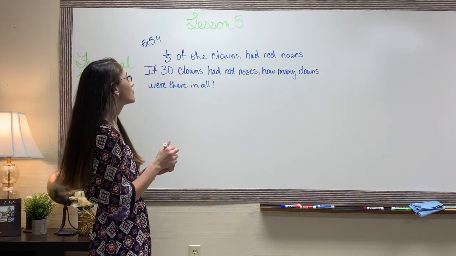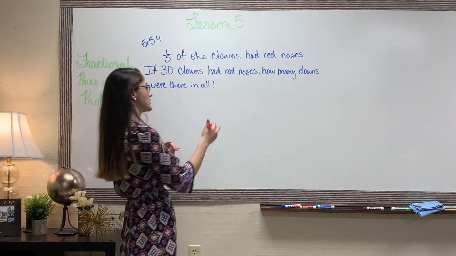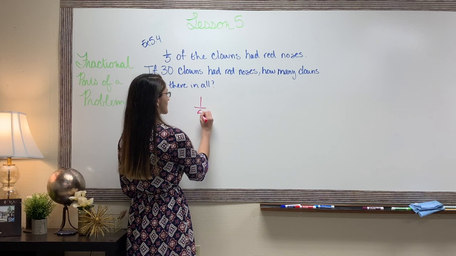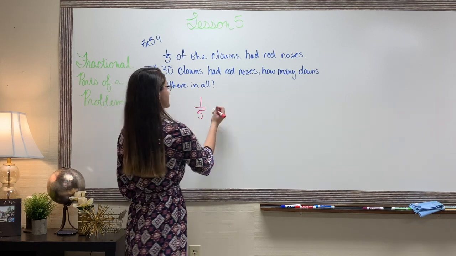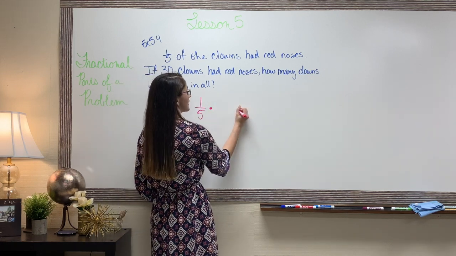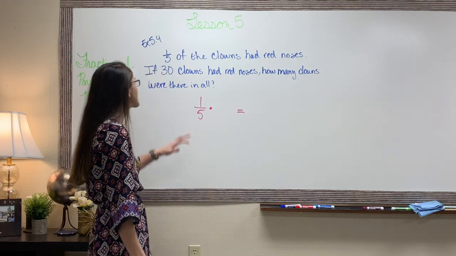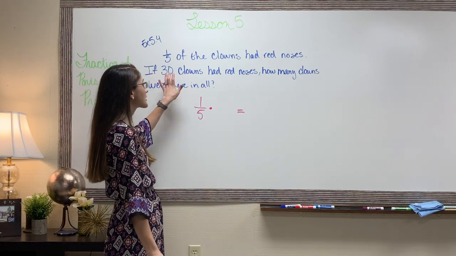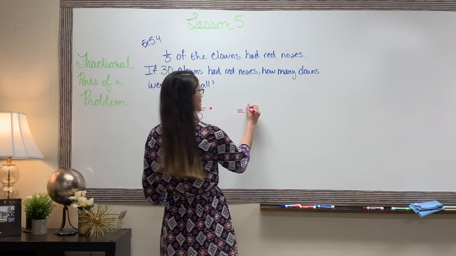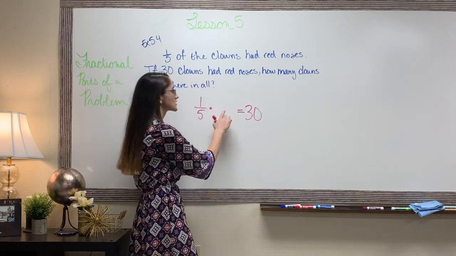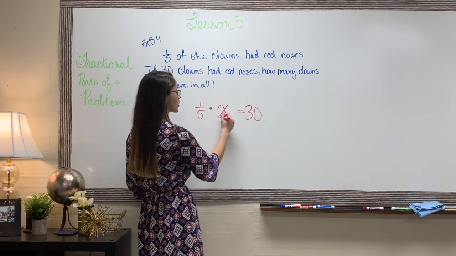Okay, so 1/5 of the clowns had red noses. So we know 1/5 had the red noses, and we know that we're going to have a multiply and an equals, and we know that 30 of the clowns had the red noses. So that's going to go in this part, because we need to know the grand total.